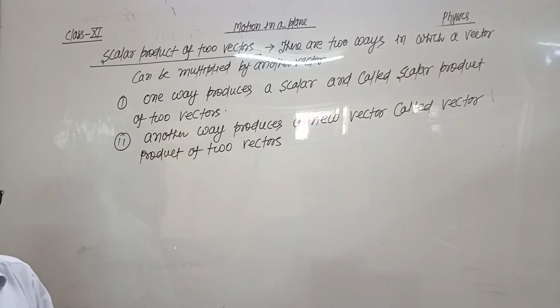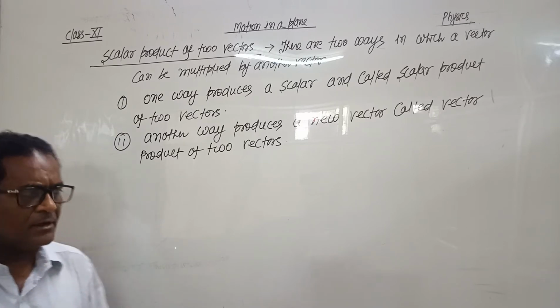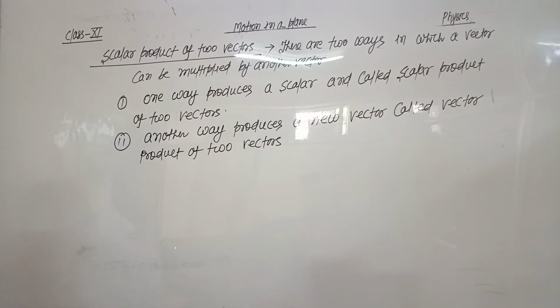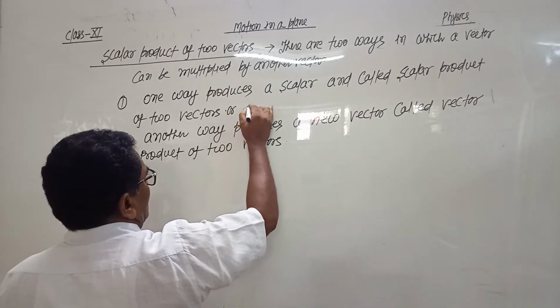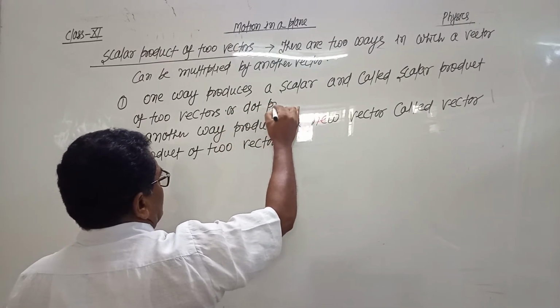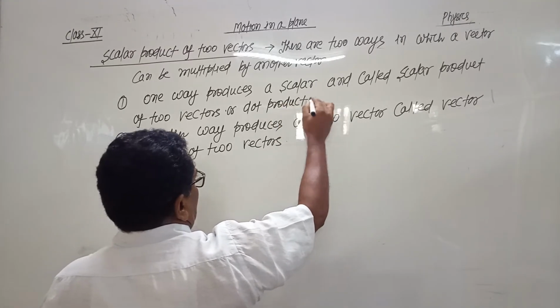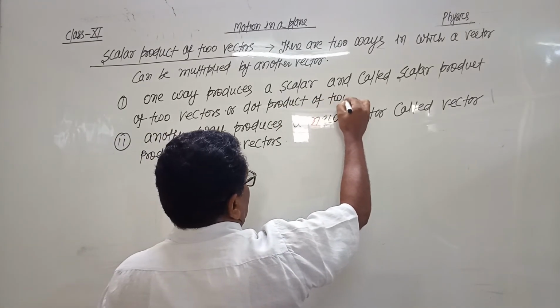In the first way, the product comes to be a scalar, and that multiplication is called a scalar product or dot product of two vectors.